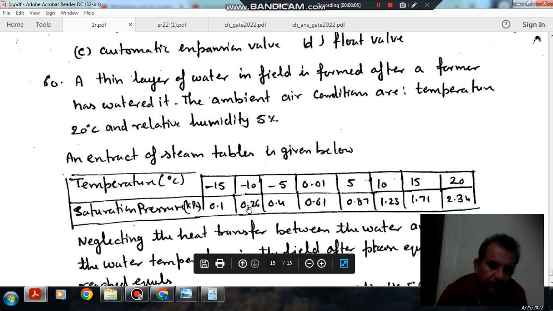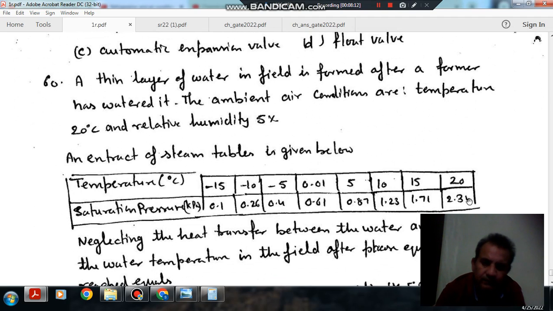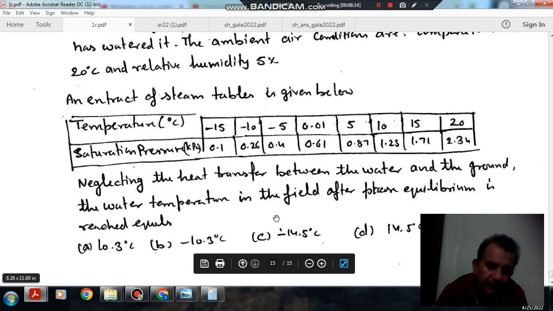Saturation pressure in kPa: 0.1, 0.26, 0.4, 0.61, 0.87, 1.23, 1.71 and 2.34. Neglecting heat transfer between water and the ground, the water temperature in the field after phase equilibrium is equal to: option A, 10.3 degrees Celsius; option B, minus 10.3 degrees Celsius; option C, minus 14.5 degrees Celsius; and option D, 14.5 degrees Celsius.